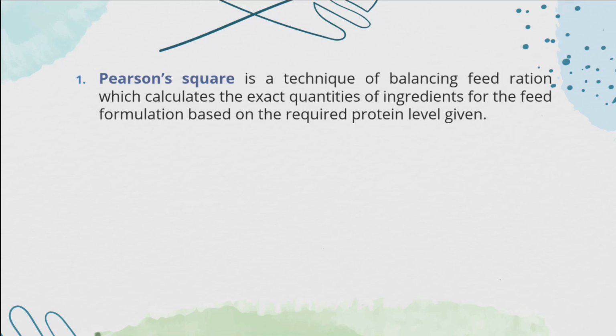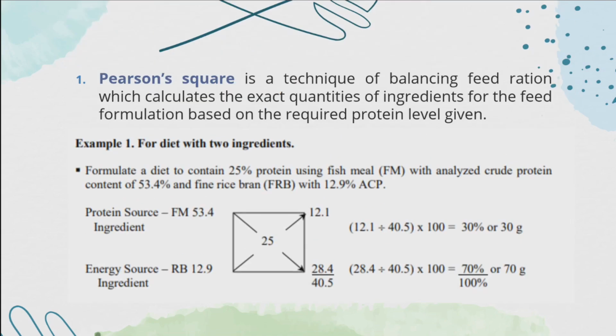For example, a diet with two ingredients: formulate a diet to contain 25% protein using fish meal with analyzed crude protein content of 53.4% and fine rice bran with 12.9% crude protein.